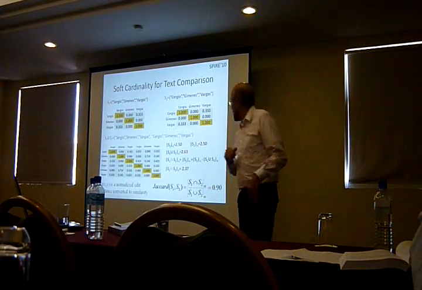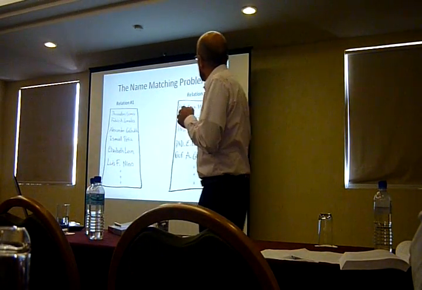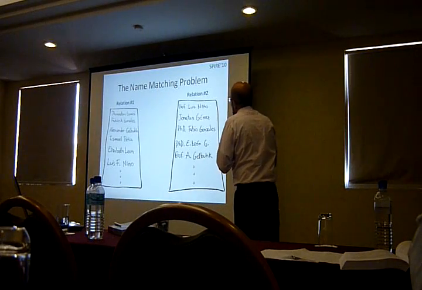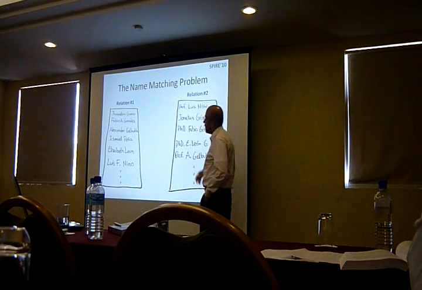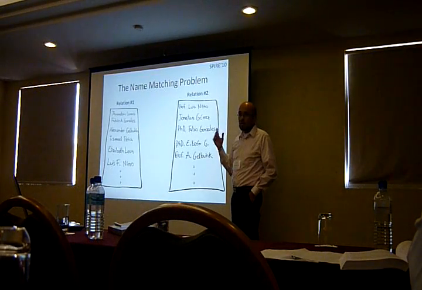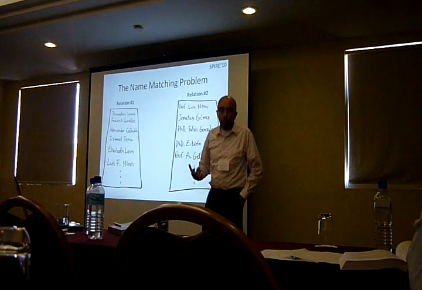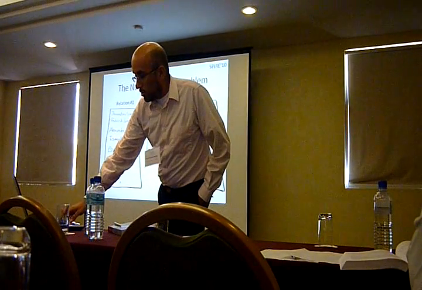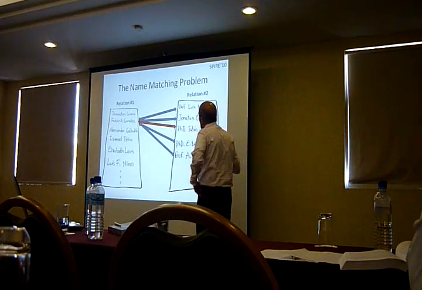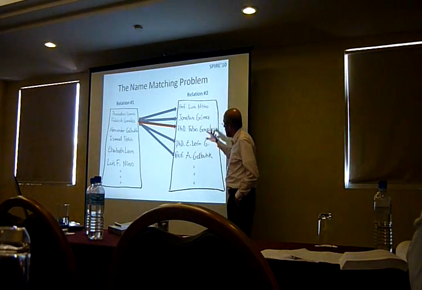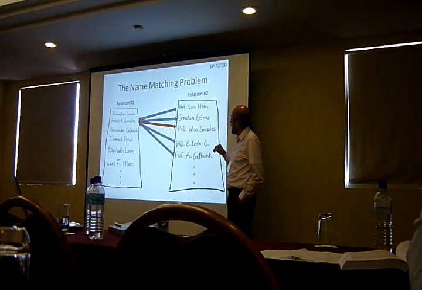It looks like Sergio Jimenez Vargas is the same Sergio Jimenez Vargas, but with some variations, with a similarity of 90%. Well, so we tried to use that idea in the name matching problem, in which we have two relations or two lists of names, and the task is to try to find the right match, even if there are some small variations in the spellings or in the characters.